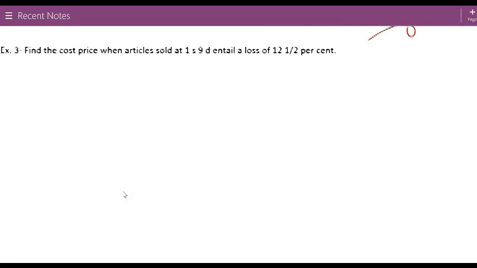And in our final example: find the cost price when articles sold at 1 shilling 9 pence entail a loss of 12.5%. Now if we're working with a loss, we're not working with that full 100% anymore, because we got less than that. So the question is, what is 12.5 from 100? Let me double check, but I believe it's 87.5.